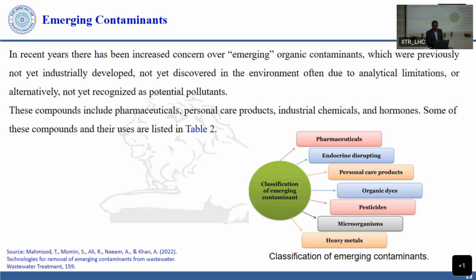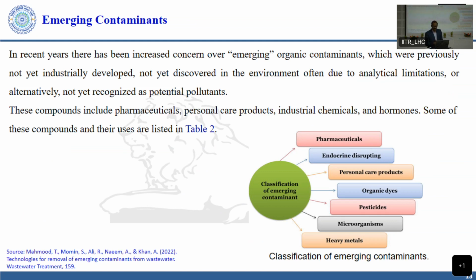So the main classification of emerging contaminants includes pharmaceuticals. Pharmaceutical means the industry which makes the different medicines. Endocrine-related are medicines which affect the hormones of the body. Personal care products are used in daily life.